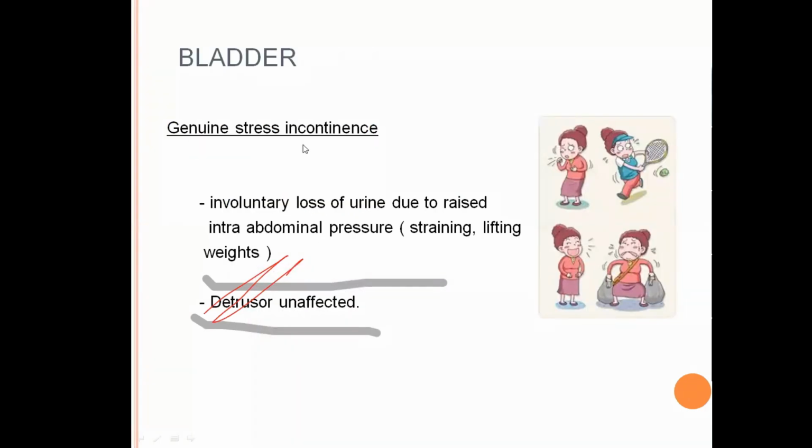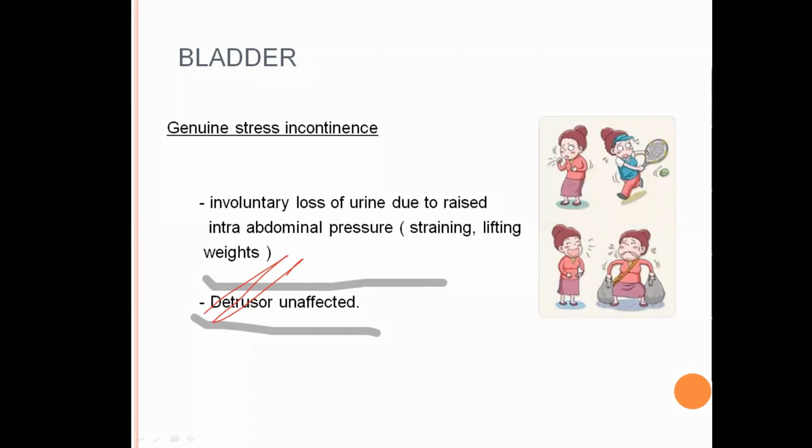So as I mentioned, the genuine stress incontinence is due to raised intra-abdominal pressure. When does the raised intra-abdominal pressure occur? Whenever you are straining, lifting a bucket of water or a weight, or you increase the abdominal pressure by holding your breath while playing, or even simple sneezing or coughing, or even a hearty laugh. We all welcome a very hearty laugh because that also spreads happiness to the people around.